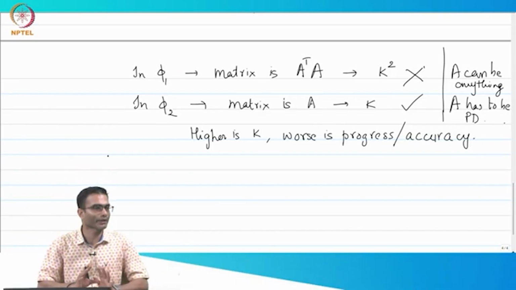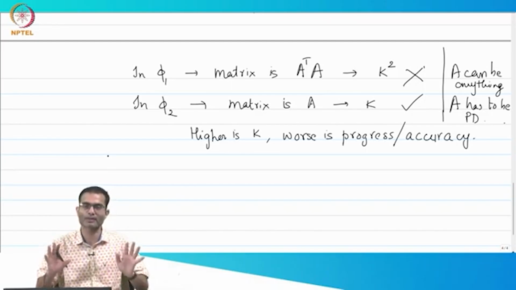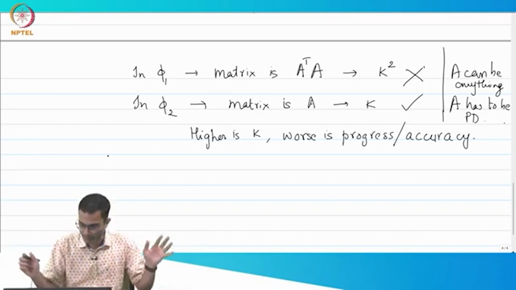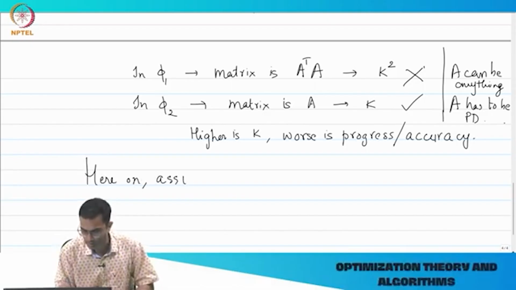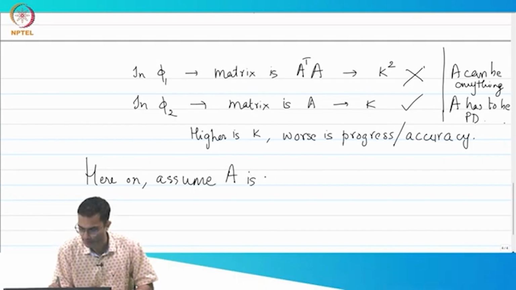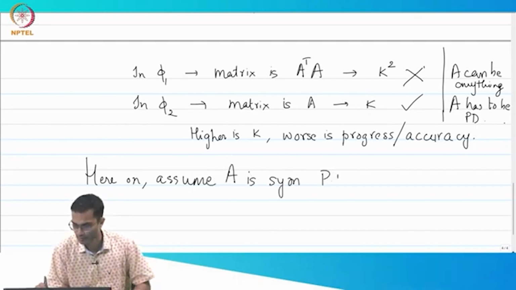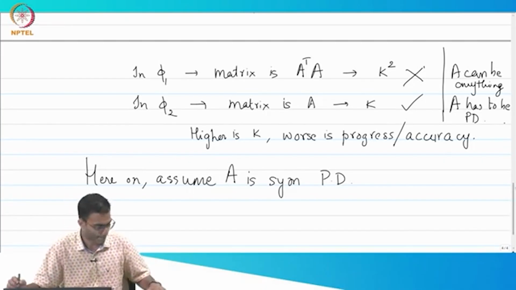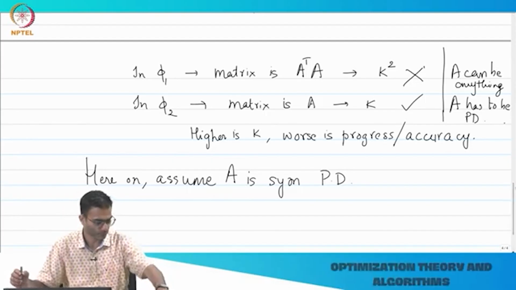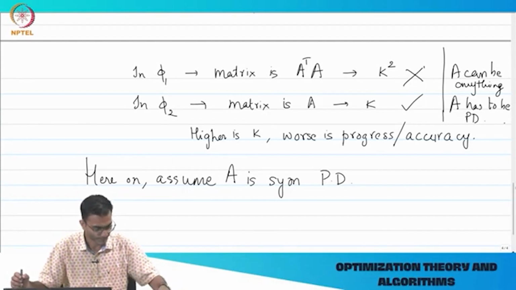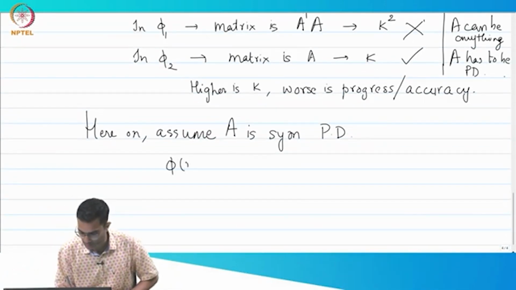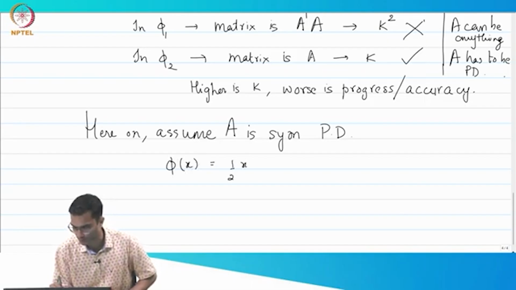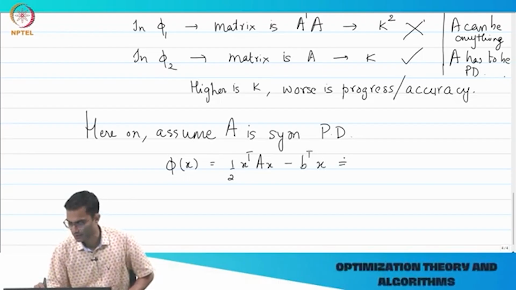Okay. So, in what follows, because we want to study the essential core idea of conjugate gradient, we are going to make our life easy. We will say assume A is symmetric positive definite. And as we have already seen, the cost function that we are going to assume is half of x transpose Ax minus B transpose x.